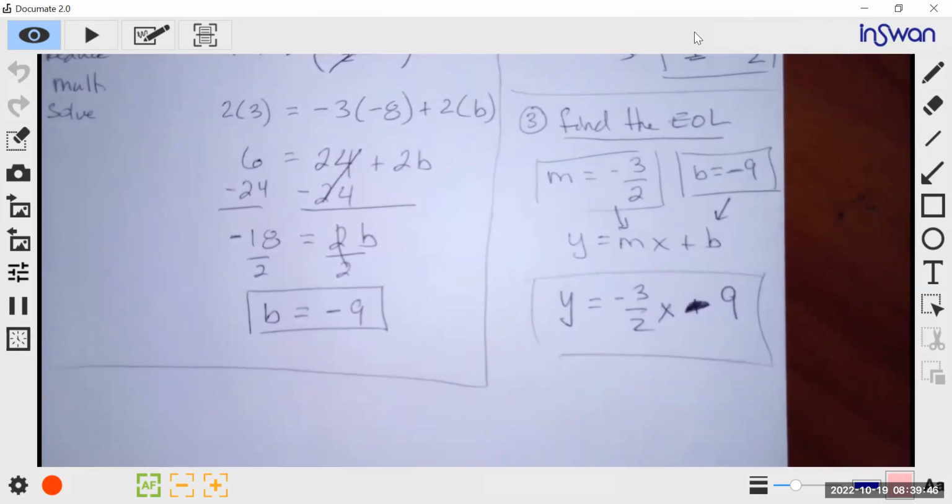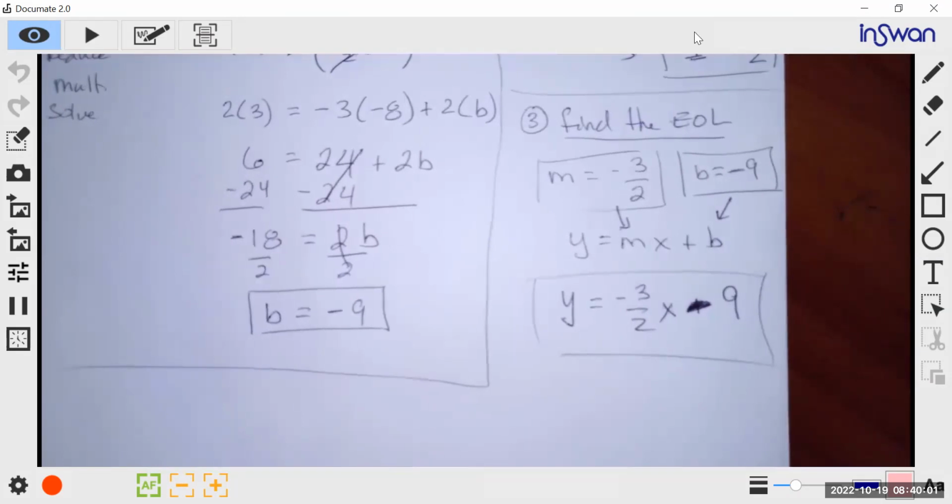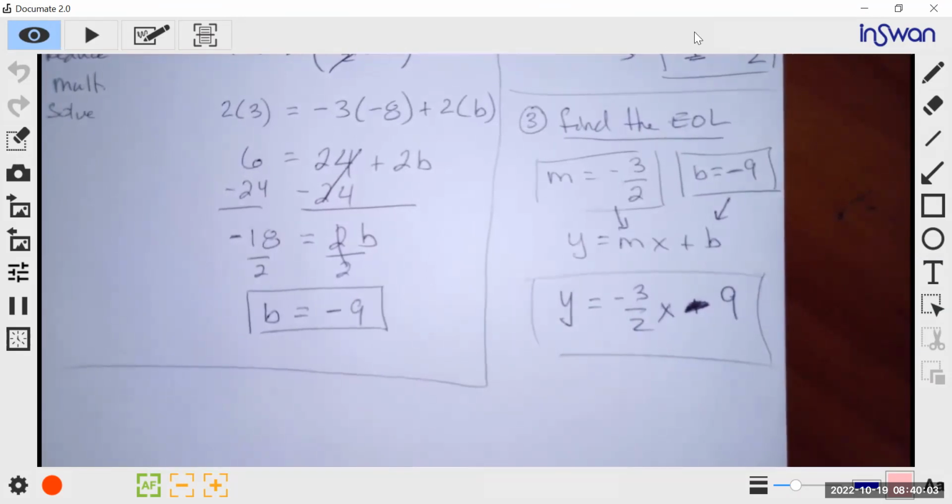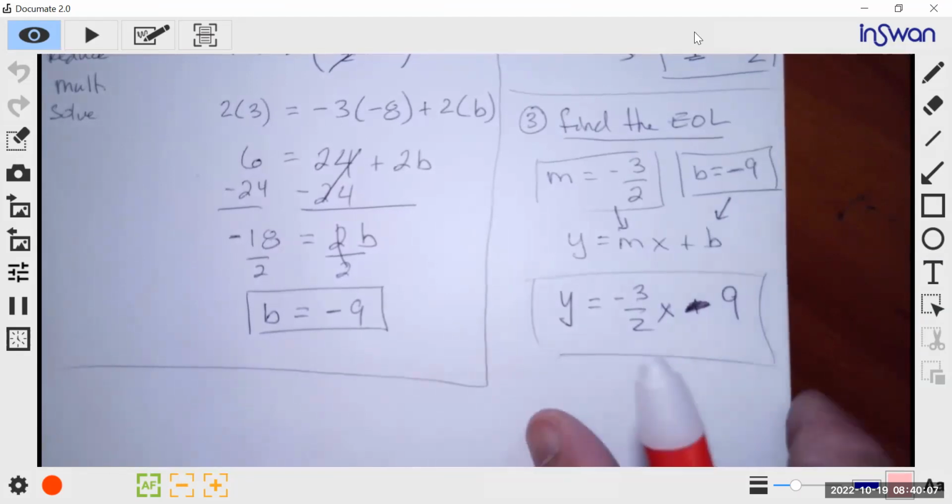This moving around of equations is important because that's all we're going to do in chapter 14. Any questions so far? That sums up chapter 13 right there. Finding equations of lines, finding slopes, finding this.